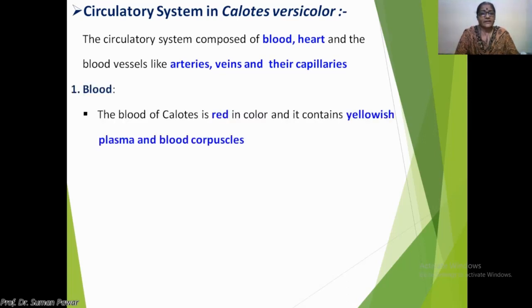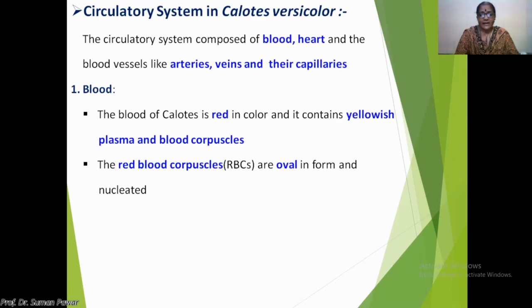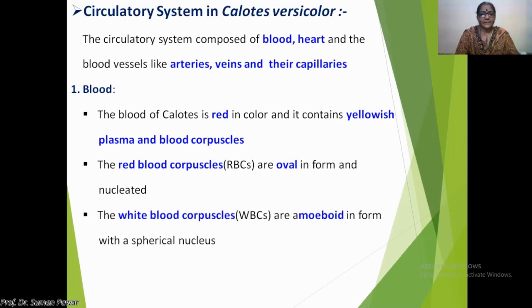The blood of Calotes is red in color and contains yellowish plasma and the blood cells or the blood corpuscles. The RBCs or the red blood corpuscles are oval in shape, and they are provided with a well-developed nucleus, hence considered as nucleated. Whereas the white blood corpuscles or the WBCs are amoeboid, that is irregular in shape, and they are provided with a spherical nucleus.